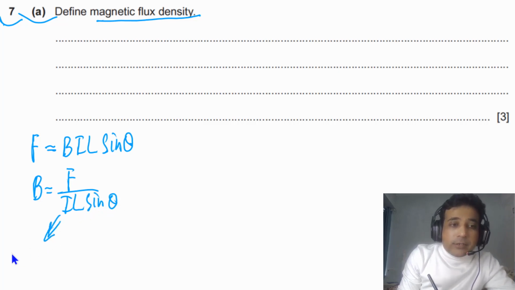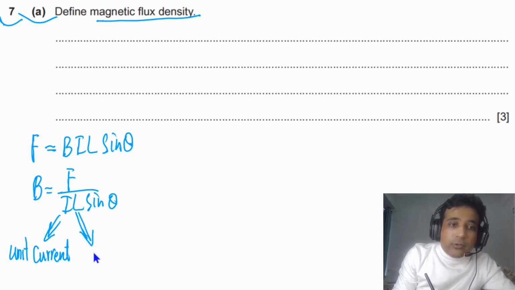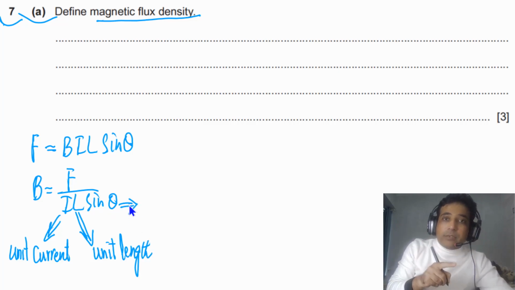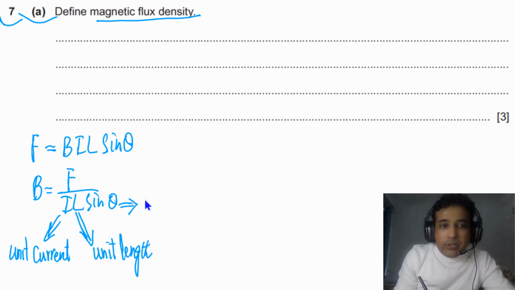If I is the unit current, magnetic flux density is a quantity, so you have to define this one in terms of quantities. And if length of the wire is also unit length, and if the angle between conductor and the field is 90 degrees, means theta is equal to 90 degrees.